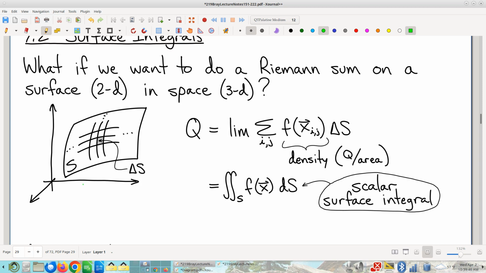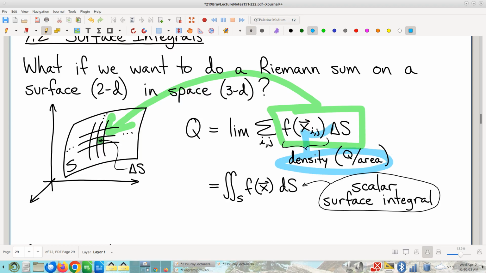And so look, on any individual piece, I can talk about number of blades per unit area times area. Right? So this, what I'm calling a density, that's stuff per unit size, which you see I'm subsequently multiplying by size.